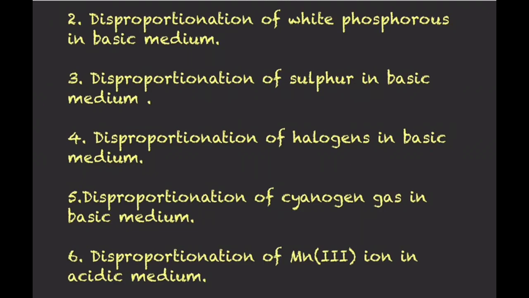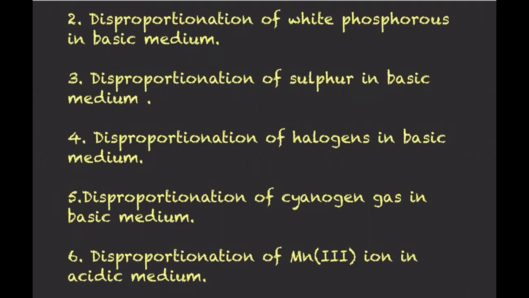The third example is disproportionation of sulfur in basic medium. There is formation of sodium sulfide or sulfide ion and sodium thiosulfate or thiosulfate ion. On disproportionation of halogens in basic medium, except fluorine, chlorine, bromine and iodine undergo disproportionation in basic medium.